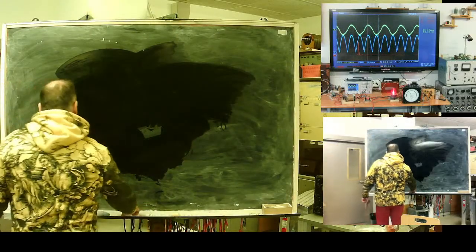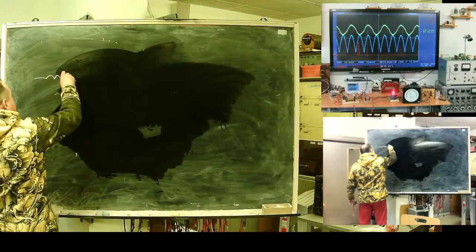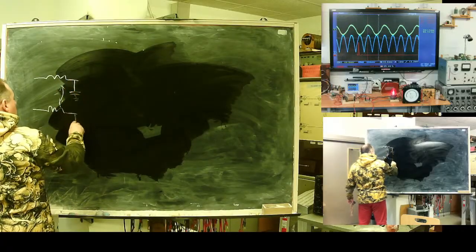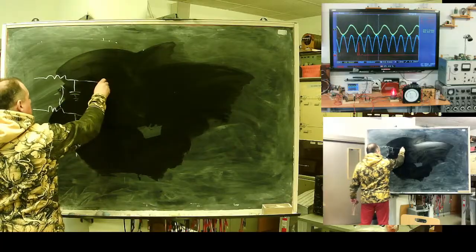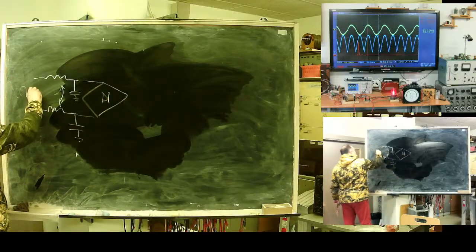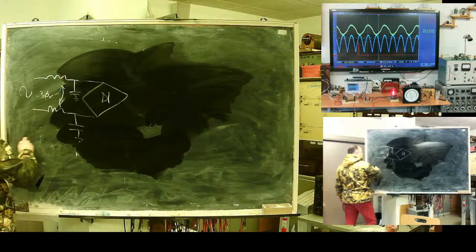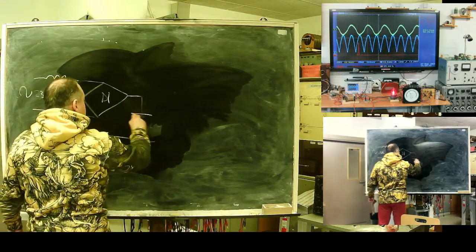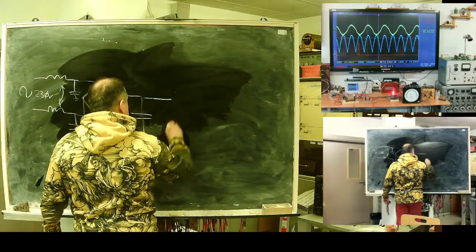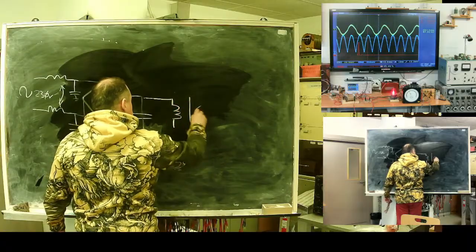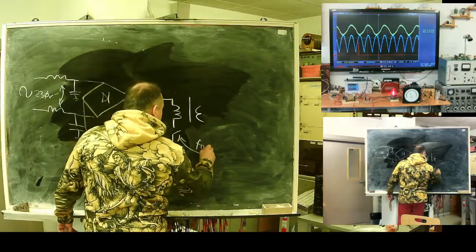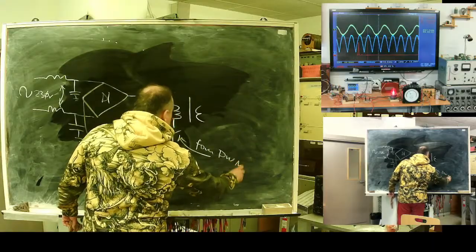Now we live in a world with a small input filter, a rectifier, here 230 volts AC supply line. Capacitor, from the PWM controller.